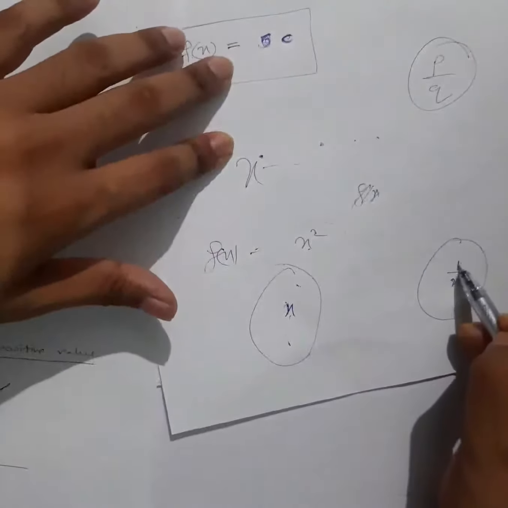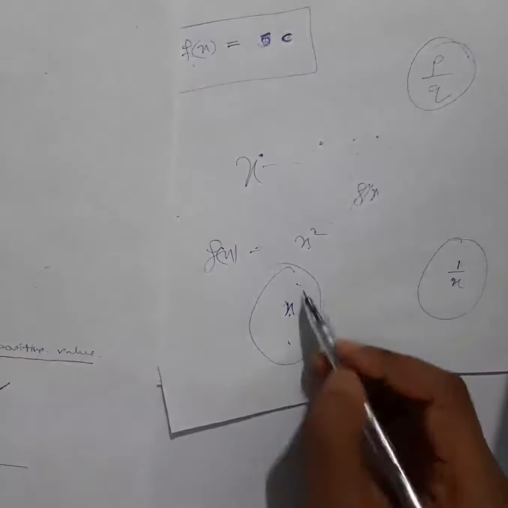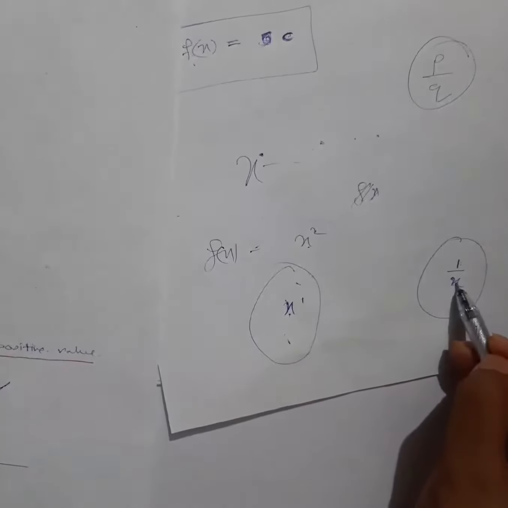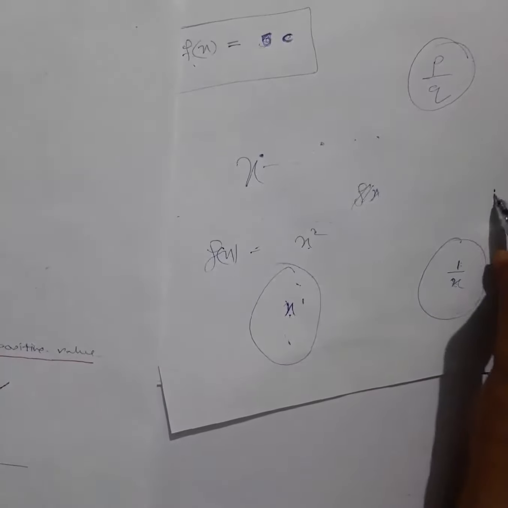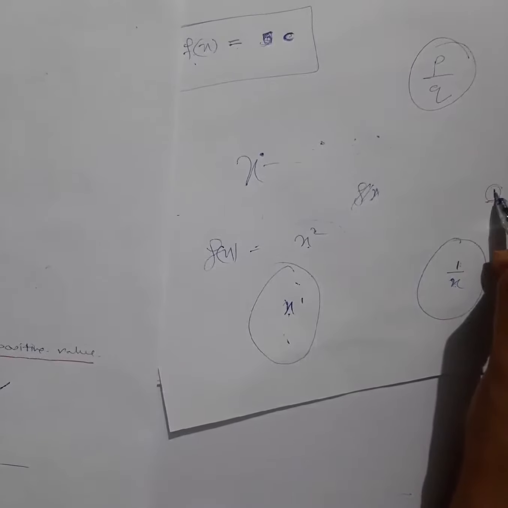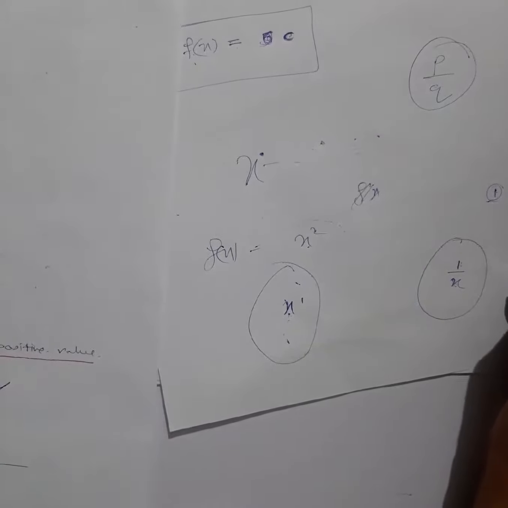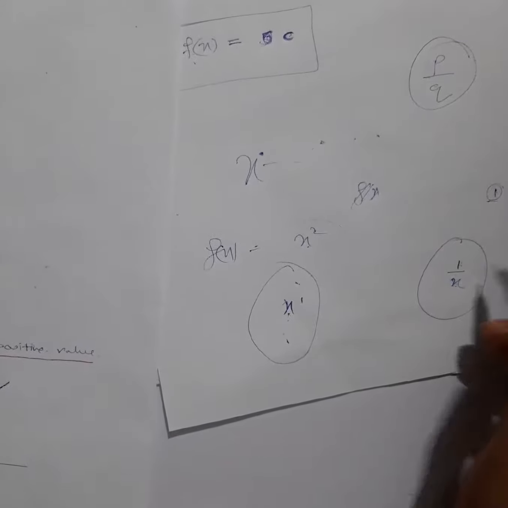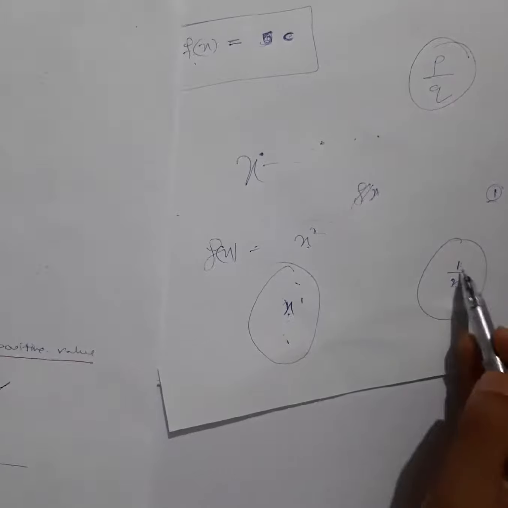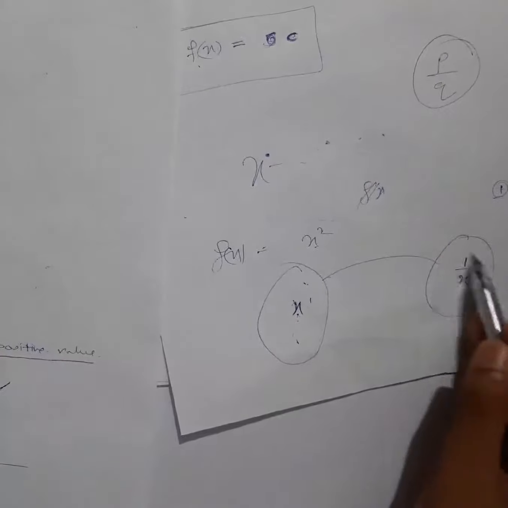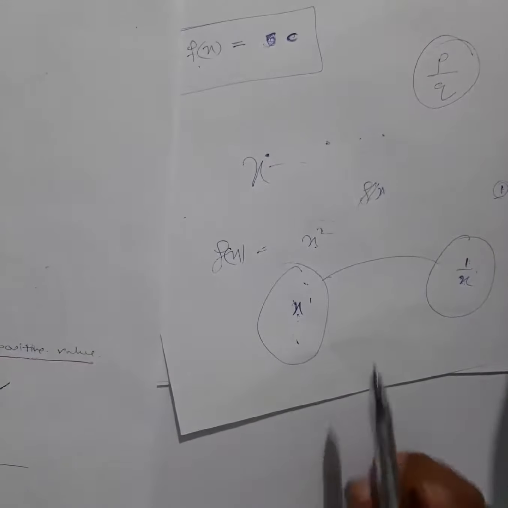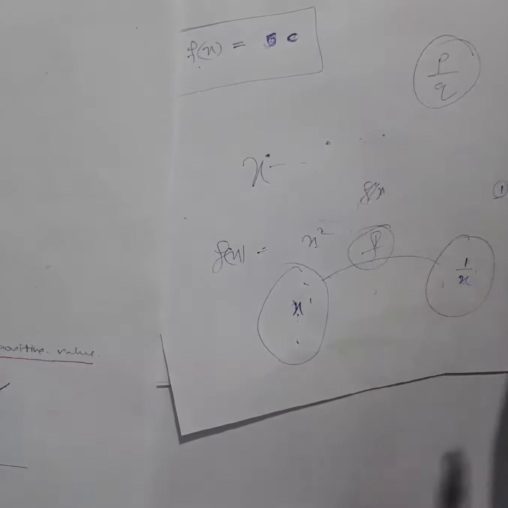I have taken P as 1. So if x is 1, here also 1. So 1 by 1 is what? A rational number, right? Next, if I take 2, 1 by 2. 1 by 2 means 0.5 you will get, right? Which is a rational number. So this kind of function is called, means your image must be a rational number. That's it. That kind of function is called a rational function.